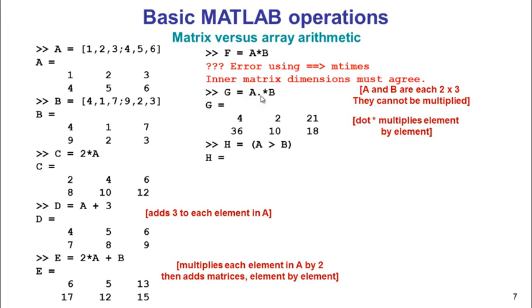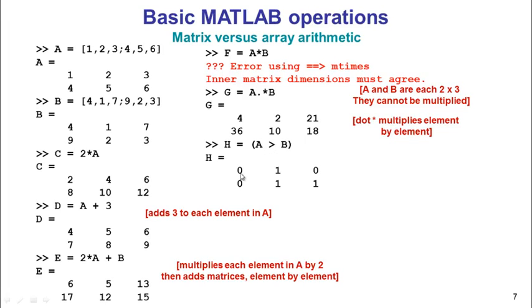Now, something else you can type is H equals A greater than B. This is another type of command that is not formally mathematically correct. In formal mathematics, it doesn't make any sense to say one array is bigger or smaller than another array. But the way MATLAB interprets this is on an element by element basis. So what you get when you do this A is greater than B is a bunch of ones and zeros.